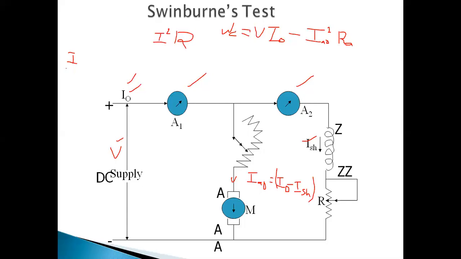Then the armature current IA is equal to I minus ISH when the machine is acting as a motor, or IA is equal to I plus ISH when the machine is acting as a generator.